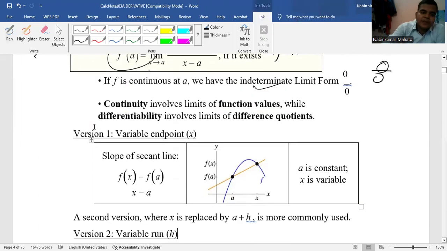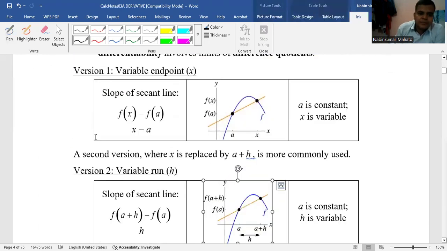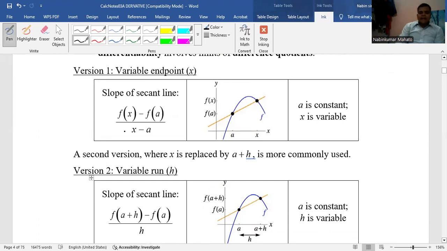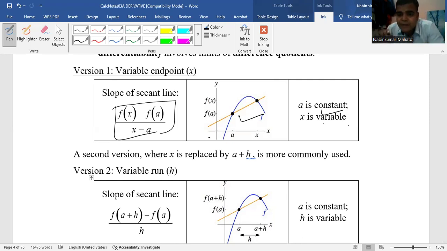Okay, let's see. Variable endpoint. This is the slope of the secant line, and here is an example graph of the secant line. A is constant here, and x is variable. Why is a constant? Because a is the fixed point, but x is not fixed.